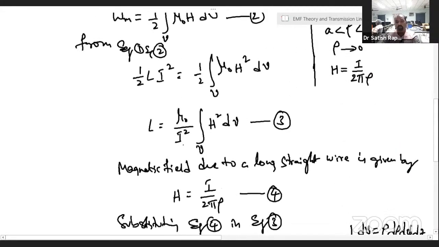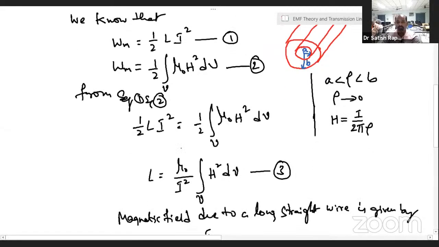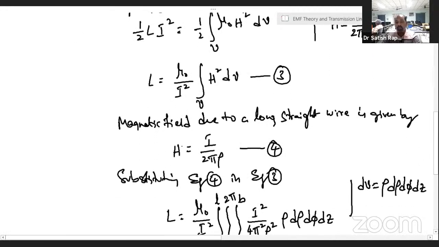So very simple. These equations we know: equation 1 and equation 2 are the energy stored in the inductor and the magnetic field respectively. Equating those two and simplifying, you will get equation 3, and equation 4 we already know.